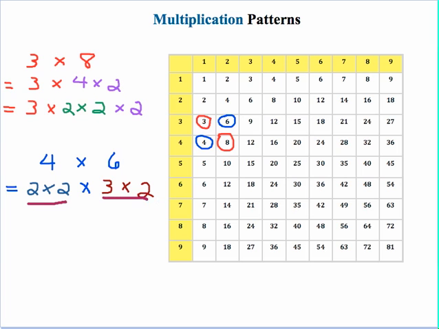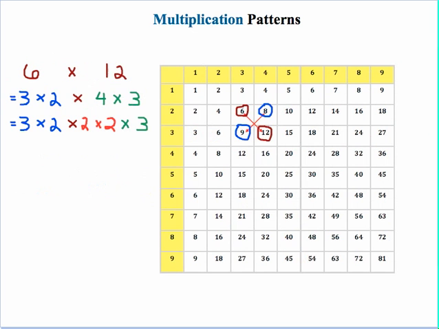Now notice what happened here. In both cases, we had a 3 for a factor, and then we can also match up all the different 2's. So again, notice now that in essence we have the same factors in both cases. We have a 3 and we have 3 2's for both of them. So we're really multiplying the same factors in both cases.